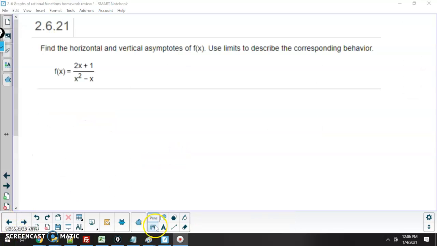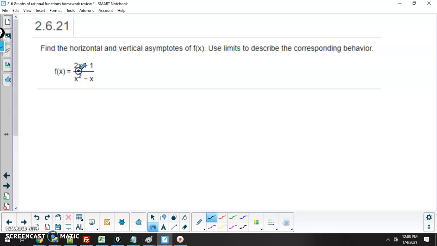Okay, this next problem, we just have to find the horizontal and vertical asymptotes. Then we're going to talk about the behavior at those asymptotes with limits a little bit. Just to remind you, for horizontal asymptotes, you consider the exponents on the largest degree term.